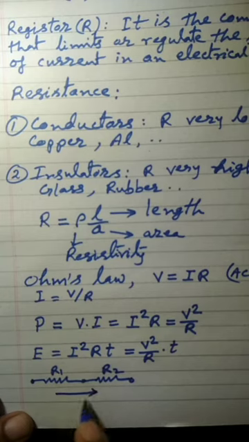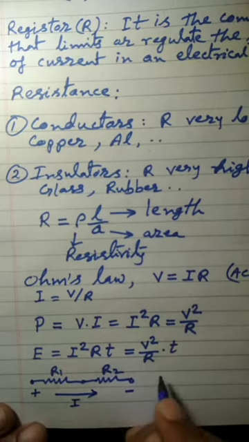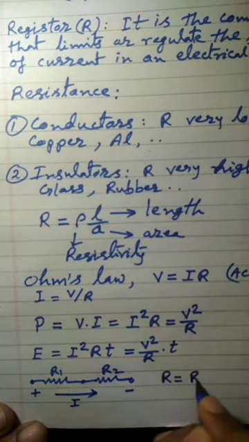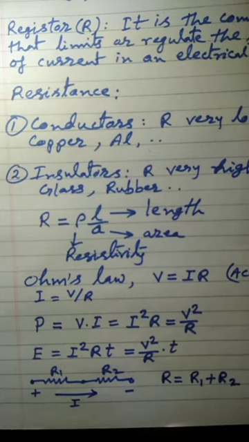The current is flowing from positive to negative side. In this case, if we want to calculate the total resistance of the circuit, then the total resistance will be equal to R1 plus R2. That means when the resistors are connected in series, the equivalent resistance will be their summation.